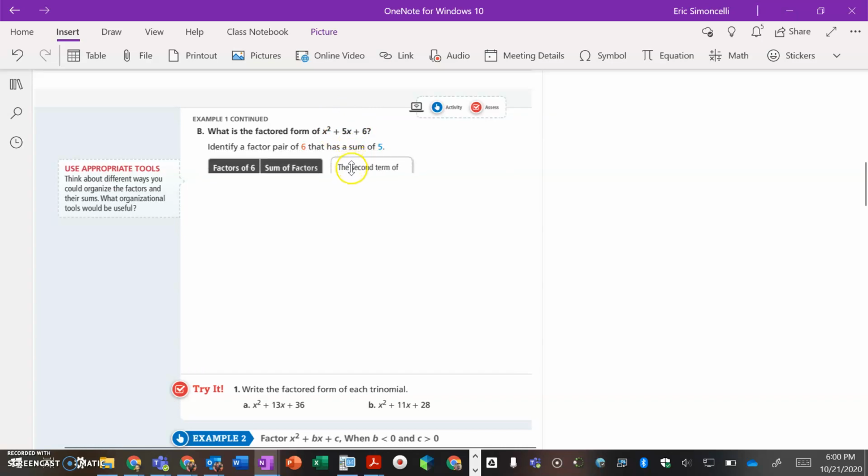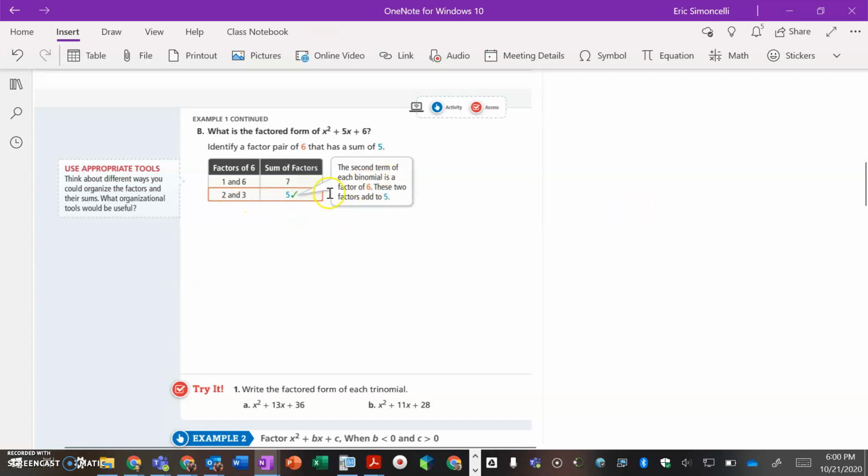Start thinking: factors of 6 and sum of factors. In this table we know that 1 times 6 is 6, but 1 plus 6 is 7, not 5. 2 times 3 is 6, and 2 plus 3 is 5. So yes, that works.